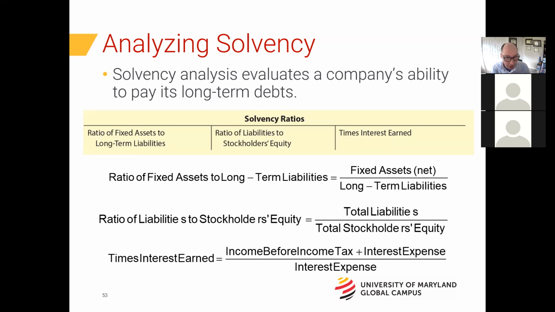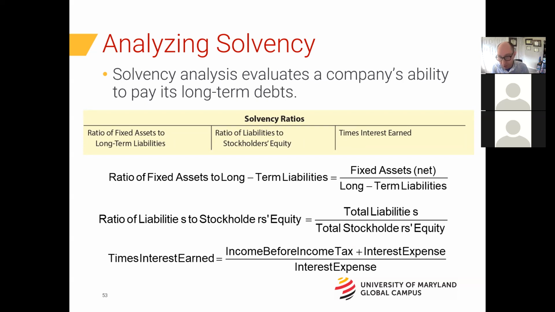Looking at the first ratio, fixed assets to long-term liabilities, we take fixed assets, divide by long-term liabilities. Fixed assets, as you know, found on the balance sheet toward the bottom of assets. Fixed assets being long-term assets, right? Divided by long-term liabilities greater than 1 year. Higher than 1 represents a good solvency.